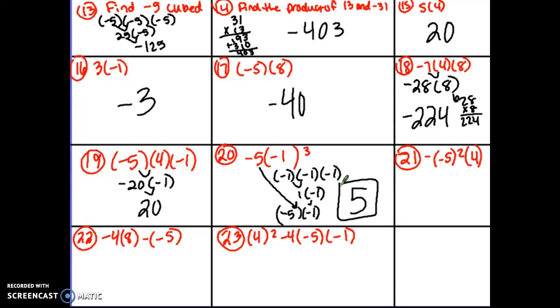Number 21, again, we do exponents. This is negative 5 times negative 5, which is positive 25. Then we multiply. 25 times 4 is 100, and the opposite of 100 is negative 100.